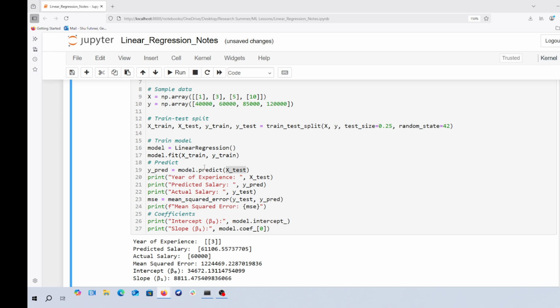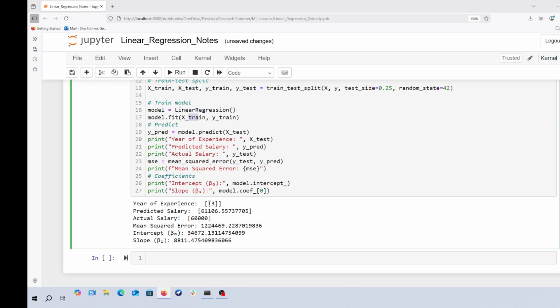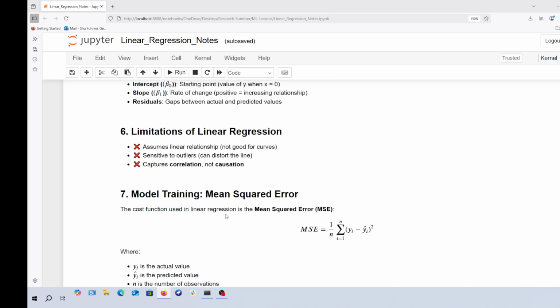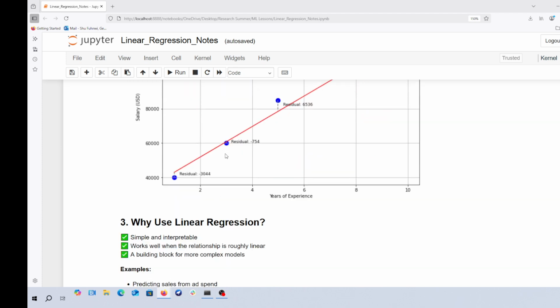When we feed this model, we see that for someone with 3 years of experience, the salary is approximately 61,107 US dollars. If we go back to our graph, let's say 3 is here, and we try to extrapolate from this graph, we will also find that it falls around this predicted value, which is around 61,000 something.